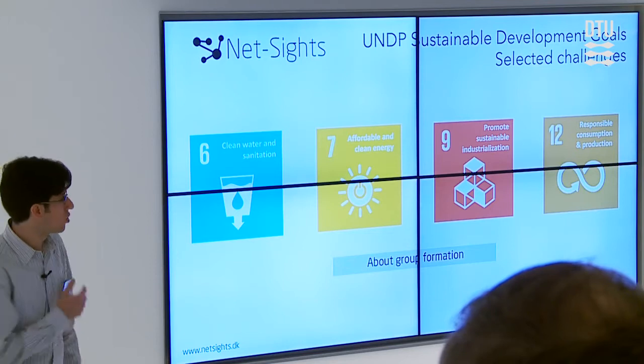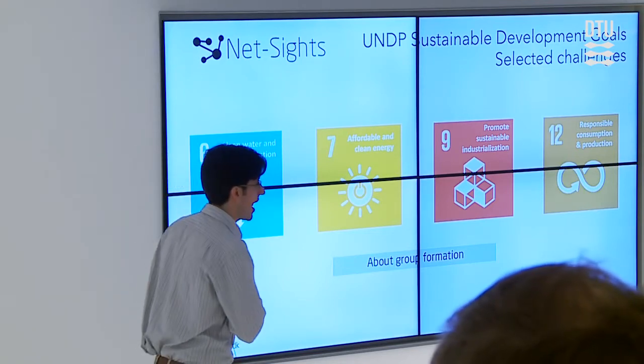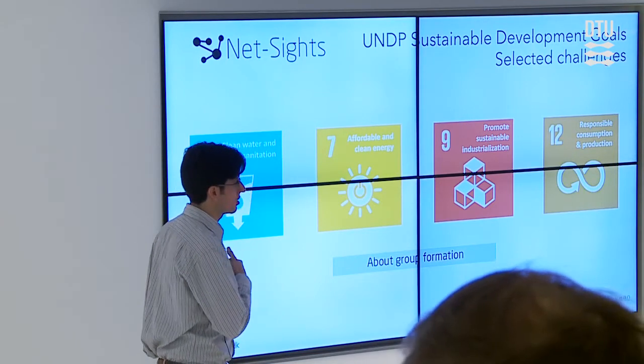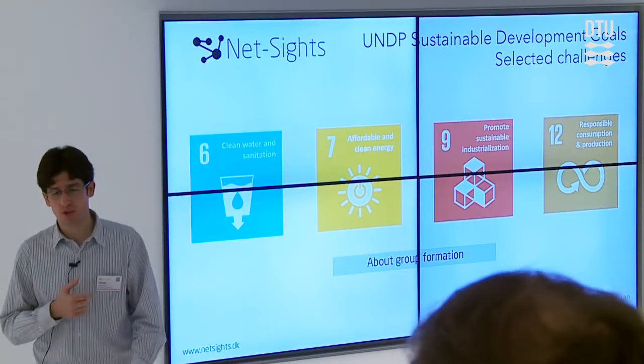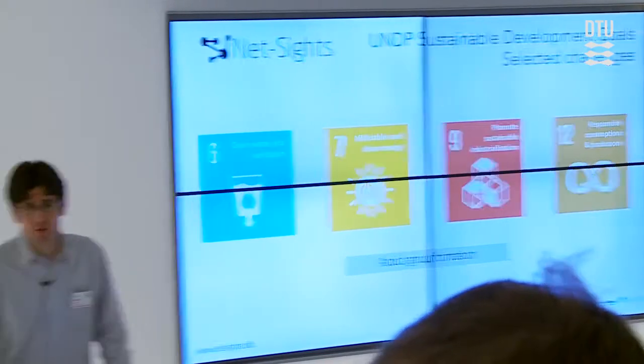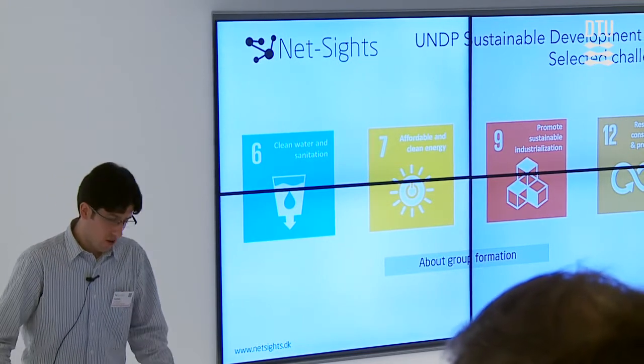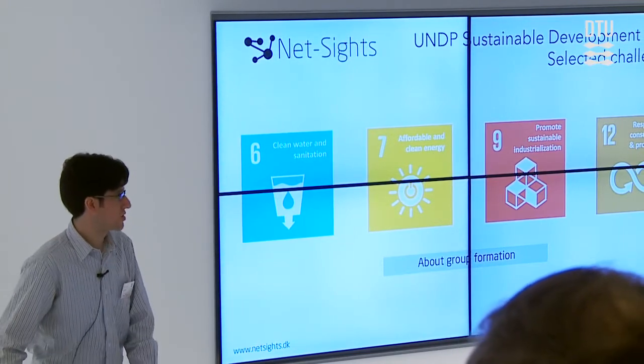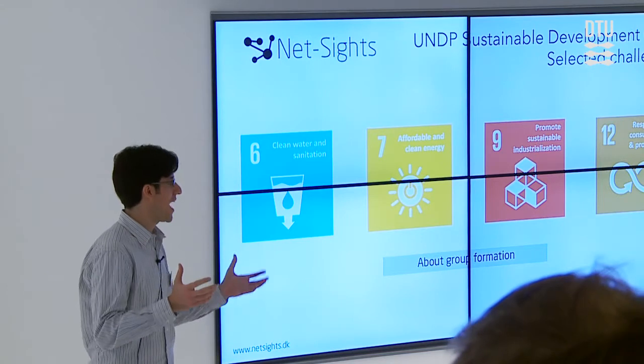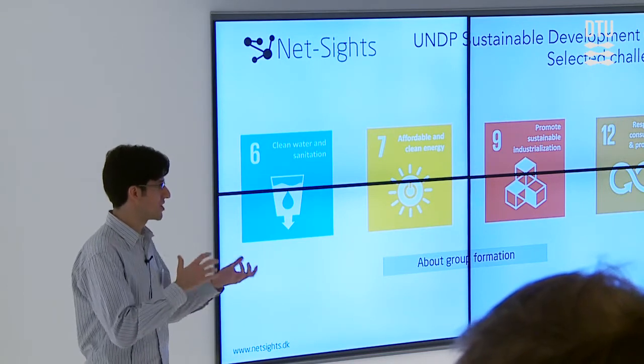About group formation, you will realize that you have badges that have different colors and icons. This is because we assigned you already to one of these 4 challenges. We had a lot of constraints because of the number of people and the number of challenges, so matching was not trivial.